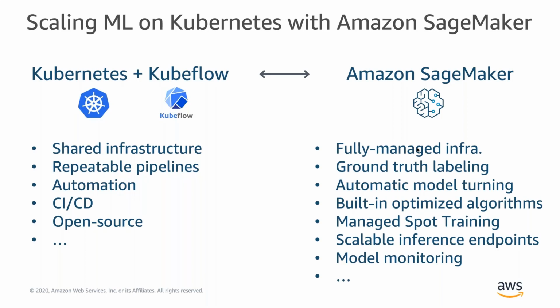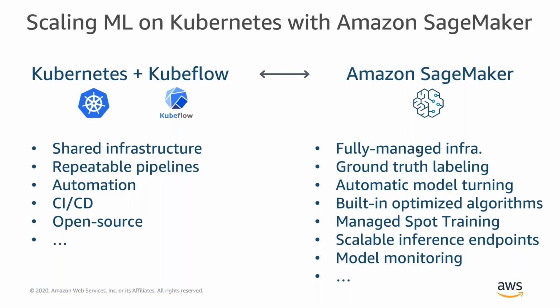Say you want burst capacity, you want 128 GPUs for a distributed training run, you can get burst capacity with Amazon SageMaker for spiky workloads. You want things like Ground Truth labeling, or you want to leverage built-in optimized algorithms that the SageMaker team builds, which are multi-distributed ready and scaling ready. Another popular feature is managed spot training.